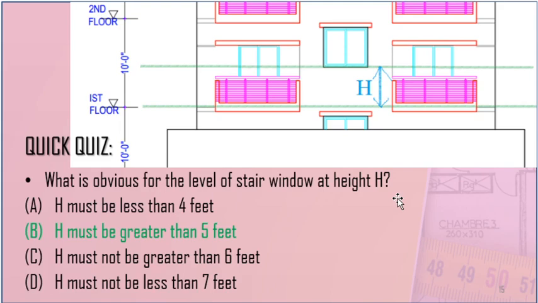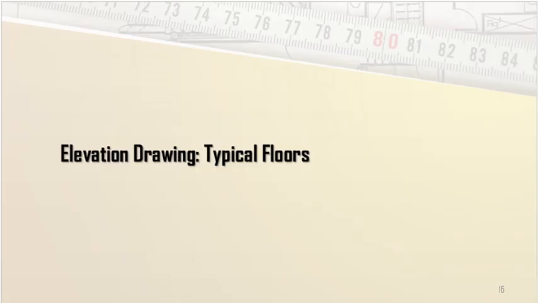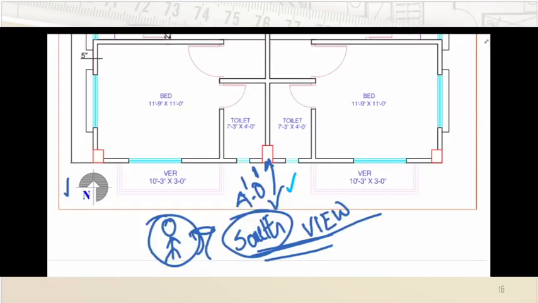So now we will be watching the elevation drawing of typical floors for 4 elevations. Let's move to typical floors. For drawing typical floors, we have the typical plan already.